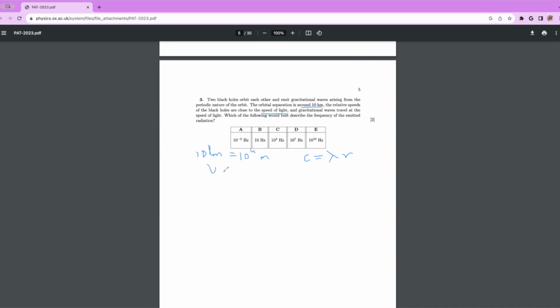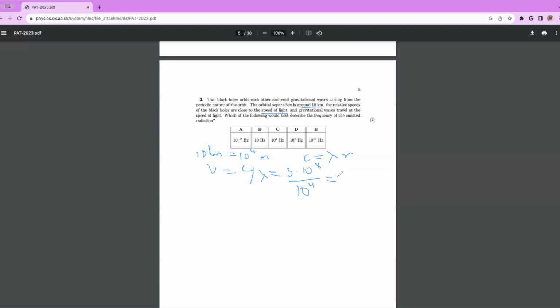If we solve that for nu, it's c over lambda, which I pray is correct. And c is about 3 times 10 to the 8. And lambda in this case, I'm going to pretend it is 10 to the 4, because I don't know what else to put here.